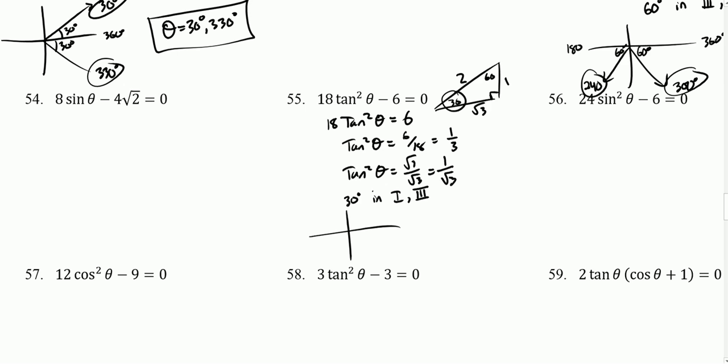So 30 degrees in quadrants 1 and 3. Points at 30 degrees, and if this is 180, go add 30 to that and you get 210. So theta is 30 degrees and 210 degrees.